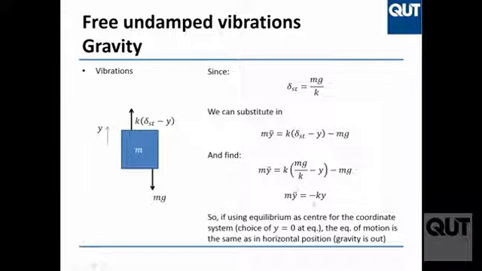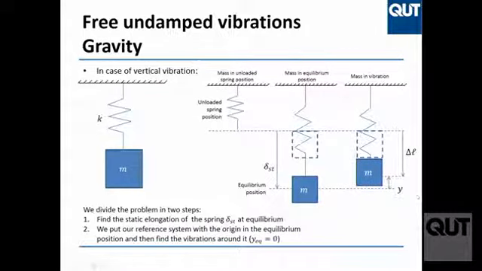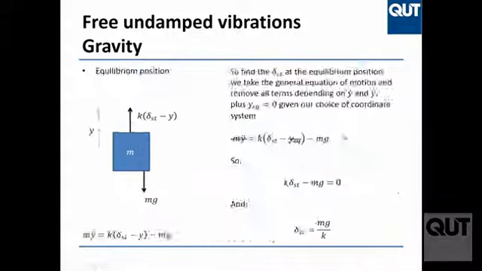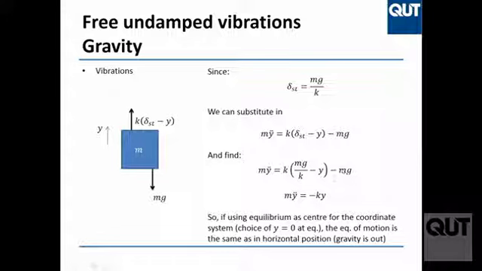And you're left with a very simple equation. That happens if you choose y equal 0 at the equilibrium position. Clear? Then your equation is very simple. There is no constant term, and there is no delta static. They cancel out. You only have y-dependent terms, no constant term, no other stuff.